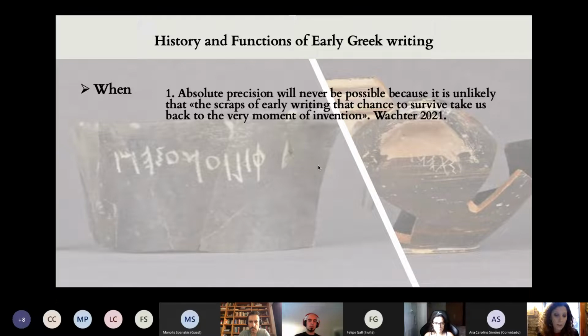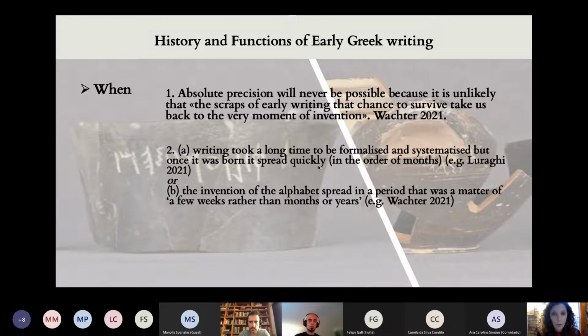So what we see when we have inscriptions on ceramic, for example, or on stone, is something that is already systematized, and so it was worth putting on a non-perishable object.